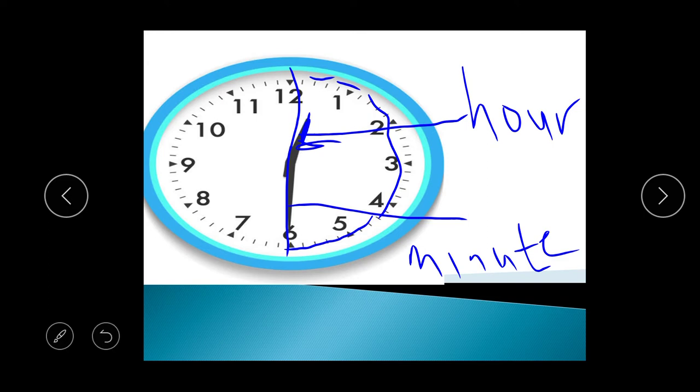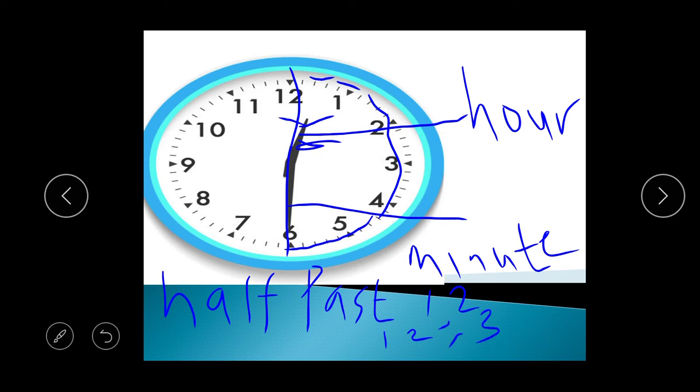And in this picture, the hour hand is really closer to 12 than it is to 1. So you can say this is half past 12. We can also say, okay, let's write it. 12:30.